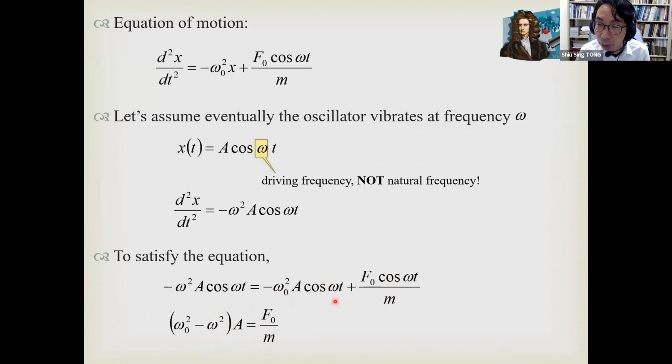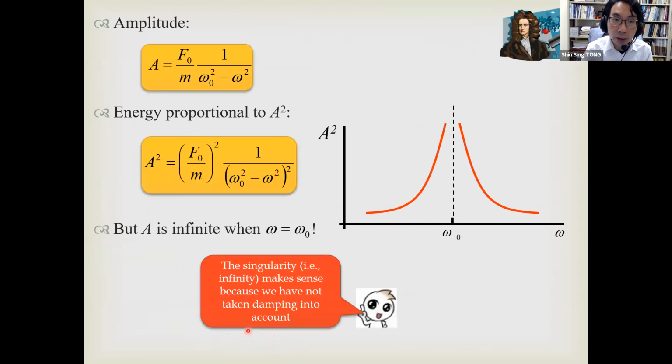After the cosine factor has gone, what remains is a simple algebraic equation, which allows us to solve for a. Okay, so this is the a. A is f naught over m, 1 over omega naught square minus omega square. And the energy is proportional to a square. So this is the answer.